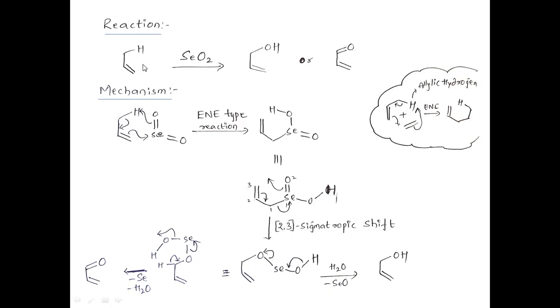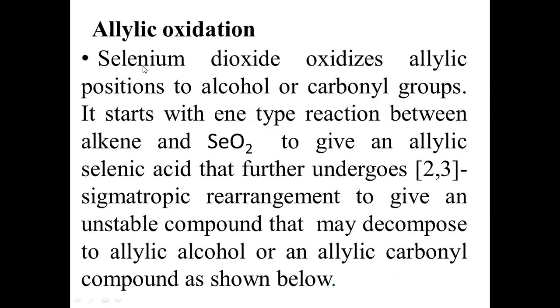allylic CH. Now, how is the mechanism taking place? Let us see. Selenium dioxide will oxidize the allylic position to alcohols or carbonyl compounds. This reaction starts actually with an ene type of mechanism. What does ene type of mechanism mean?